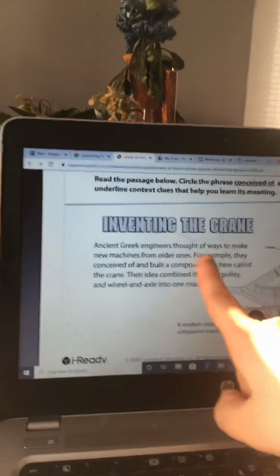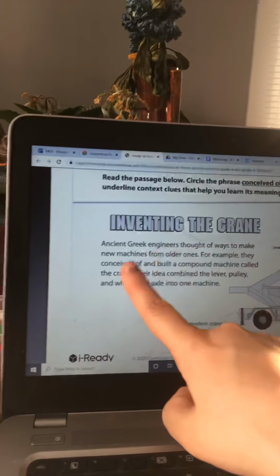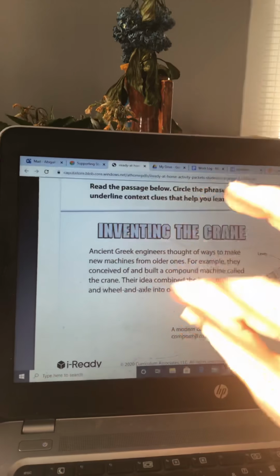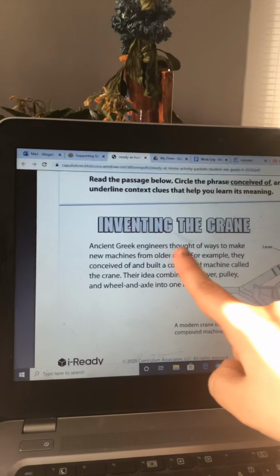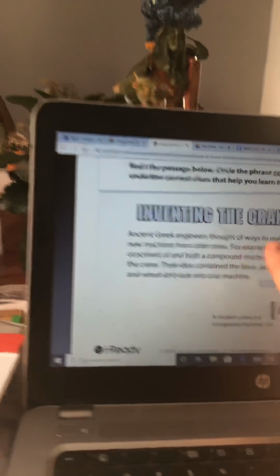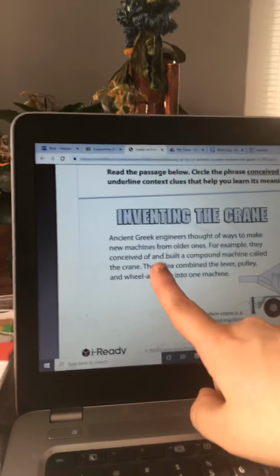Engineers thought of. Interesting. Let's see if this fits here. For example, they thought of and built a compound machine. They conceived of and built a compound machine. They thought of and built a compound machine. Does that work? Yes, it does.